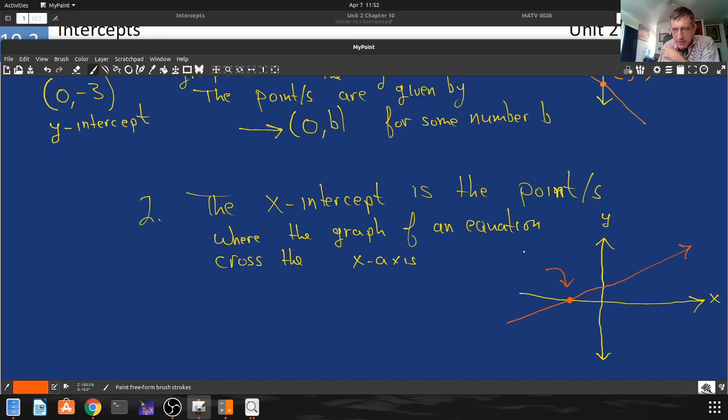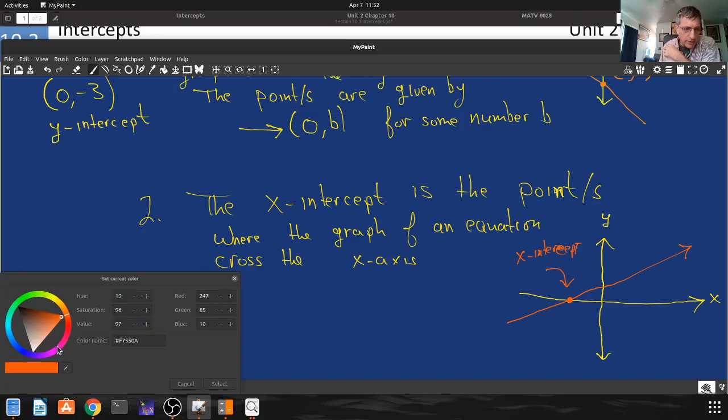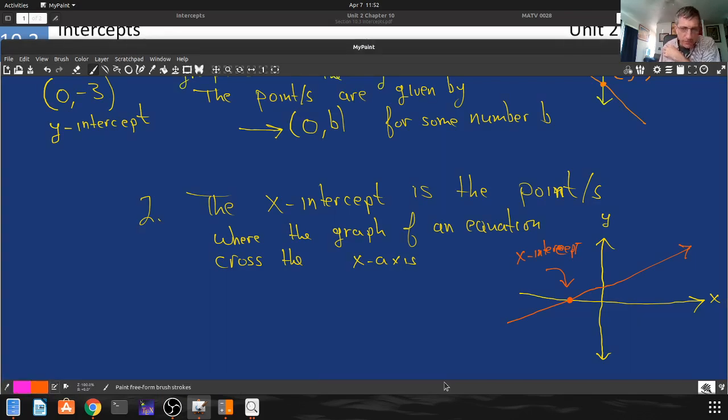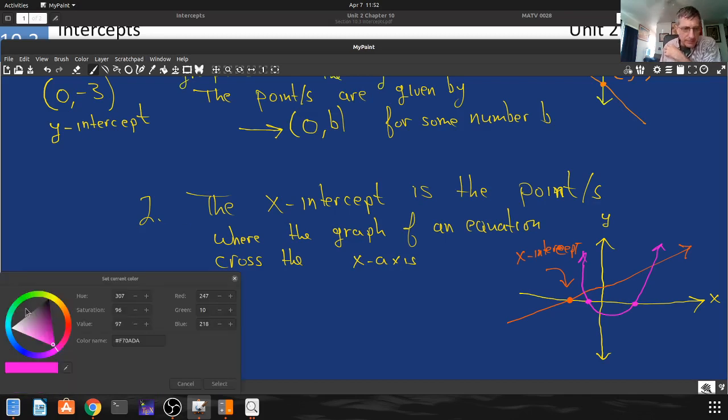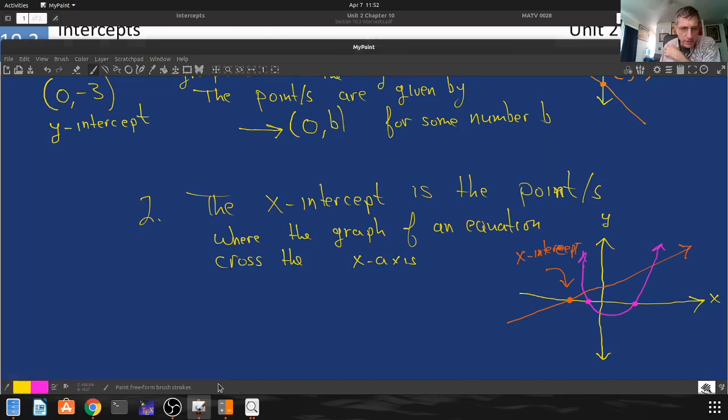So this is the x-intercept for that particular graph. Some equations have more. We actually might find, and eventually you will, equations that look like parabolas. And they actually have two x-intercepts. That said, in general, that's what they look like.